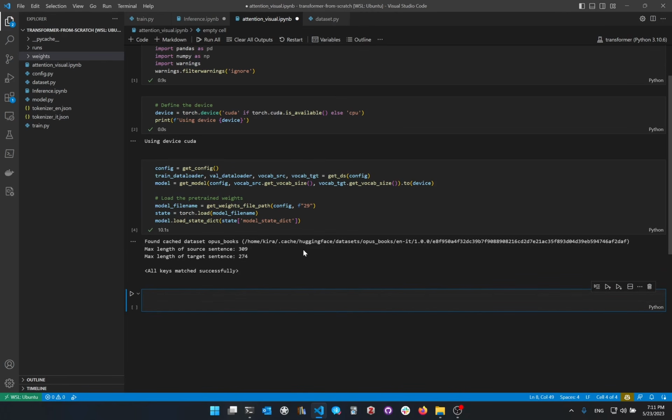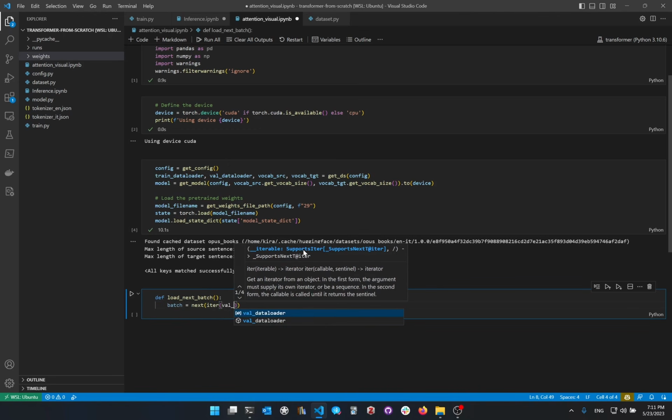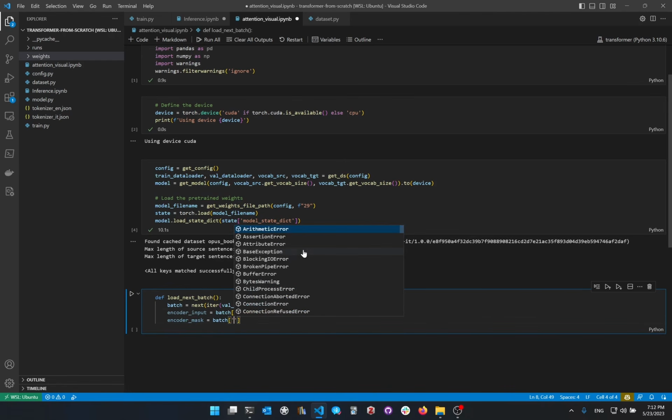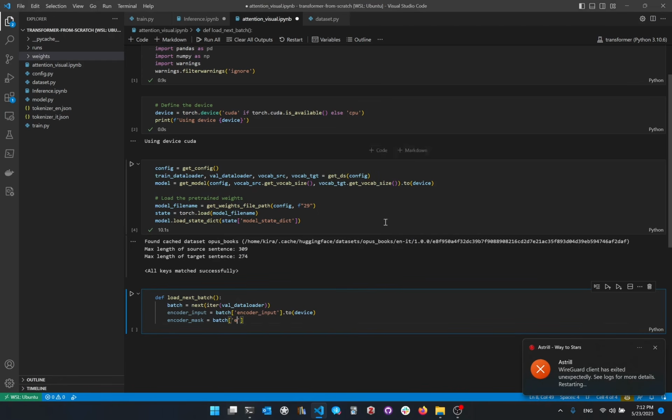Now let's make a function to load the batch.